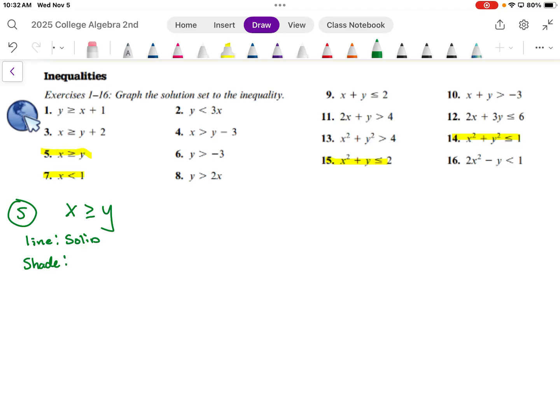Above, because it's greater than. Who's the main noun? It's below. As we decide, it's always what's in relation to y. Is that thing opening up towards the y or away from the y? Away, so we should be shading below.